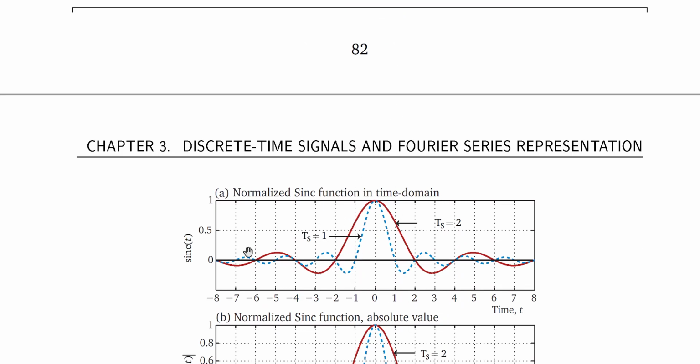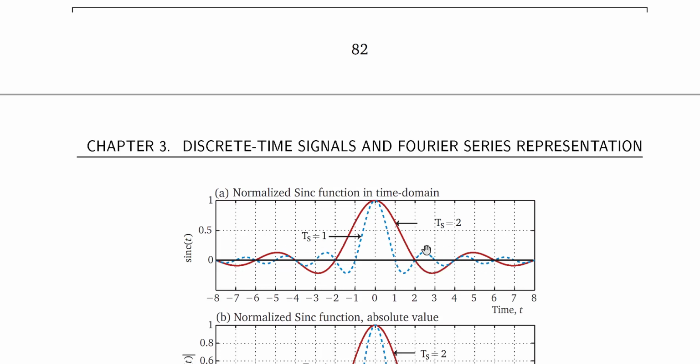If you put TS as 1, and we can use MATLAB to plot this, we would get this, and that 1 is here, and it's minus 1, plus 1, so the main lobe width is 2, or 2 times TS. And then we take a look at where the zeros are, and the zeros are every TS. So it's 1, 2, 3, 4, so all the zeros alternating every 1 second.